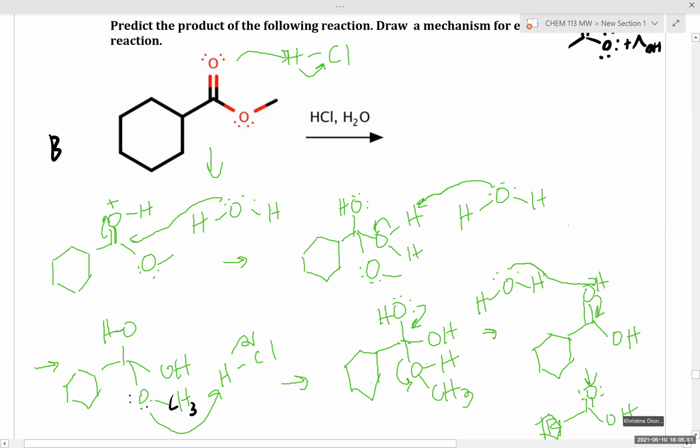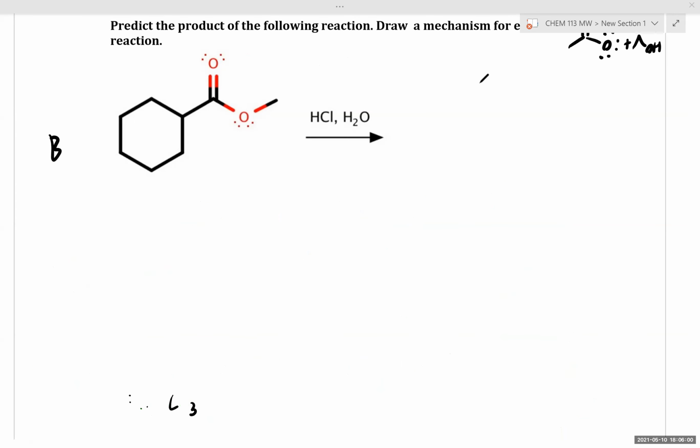So this student proposed mechanism looks completely reasonable. So what I'm going to do is clear these annotations and then redraw the mechanism just so that everything's saved on our class whiteboard. But the student proposed mechanism looked great.